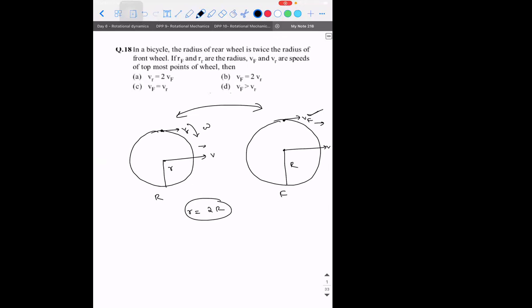So look at the options. Vr is equal to twice Vf. So they're saying Vr is equal to 2 times the velocity Vf of the topmost point.